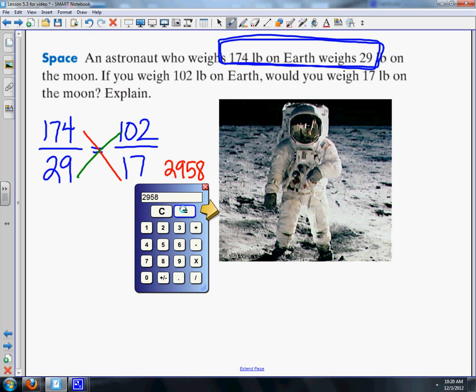And then I'm going to do 29 times 102, and that equals 2958. So yes, they would work because when I cross multiplied, they both equaled the same amount.